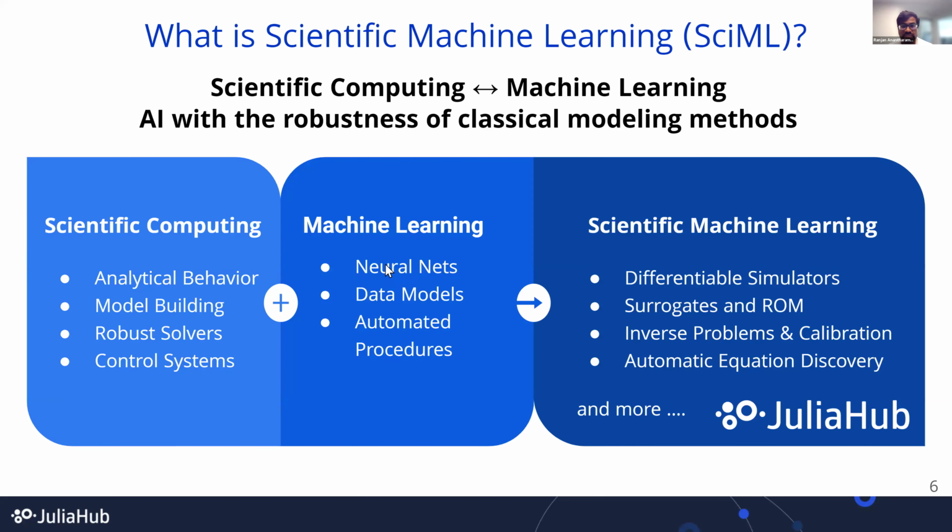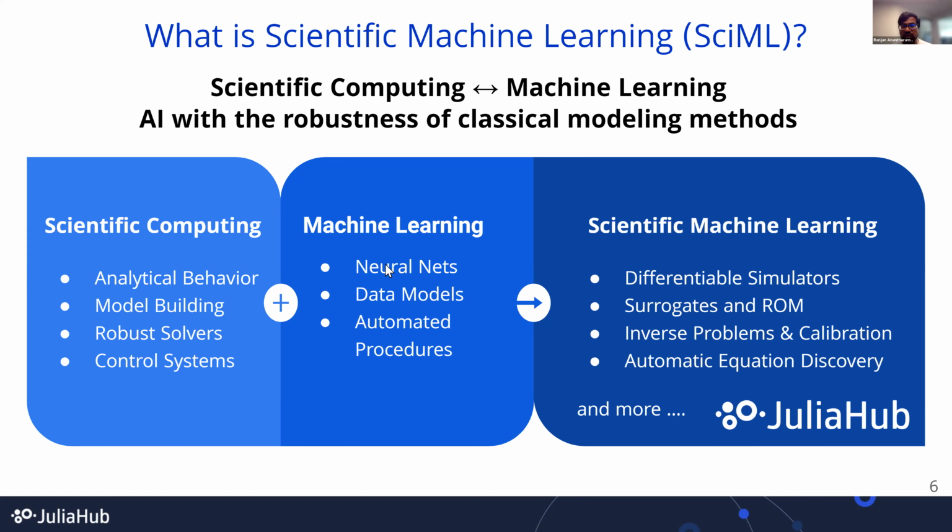To tell you what that means, it's important to introduce the notion of scientific machine learning. But really the way we like to think about scientific machine learning is AI, so to speak, with the robustness of classical modeling. We're not throwing away any of the tried and tested modeling techniques from the past 50 years. In fact, we embrace them.